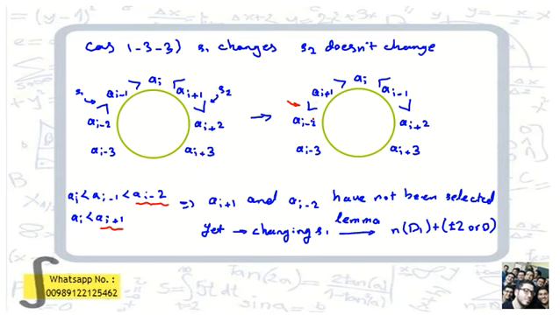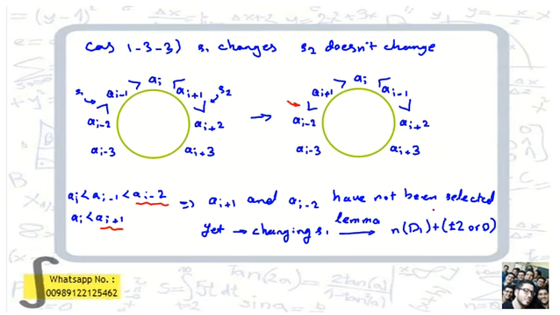Since both of them have an effect on n(d1), by the lemma n(d1) would change by 2 or won't change. So again, we proved that the parity of n(d1) is constant.